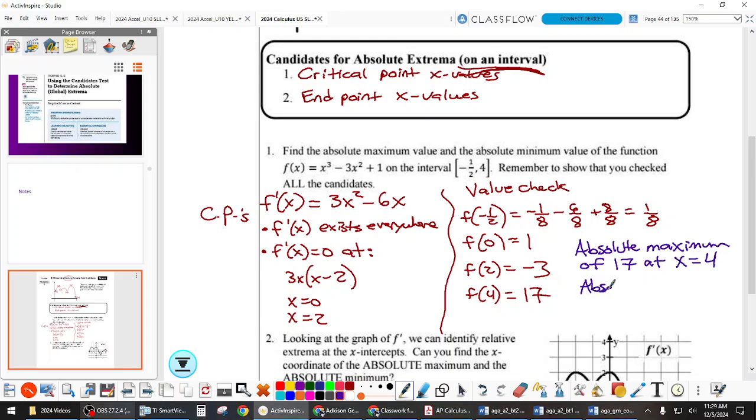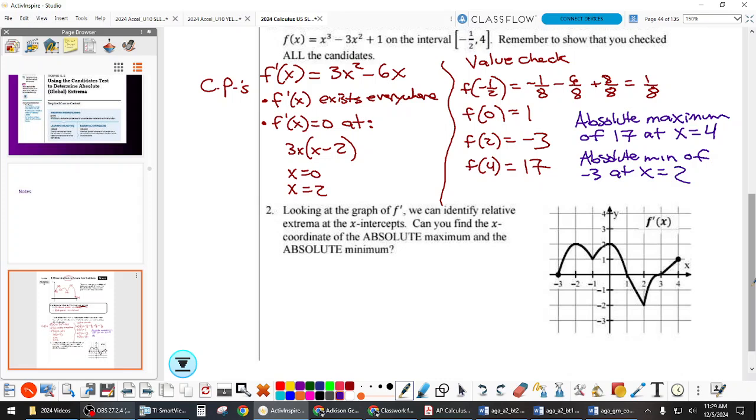And you do need, on these, you do need to show all the value checks so that you have that justification. See, it kind of feels easier to me. I don't like those sign tables. For some reason, they make me second guess and stuff. I don't know, I just get kind of neurotic about it.